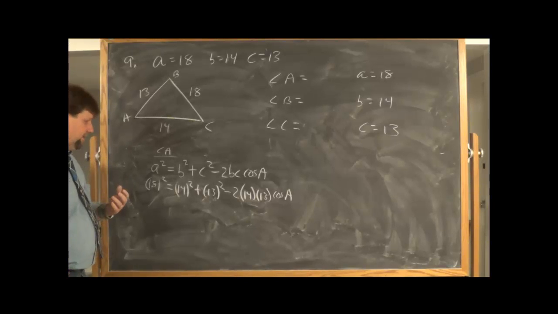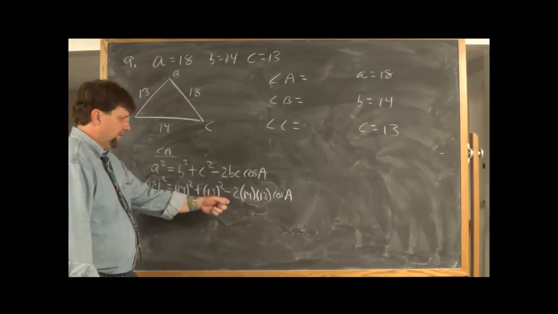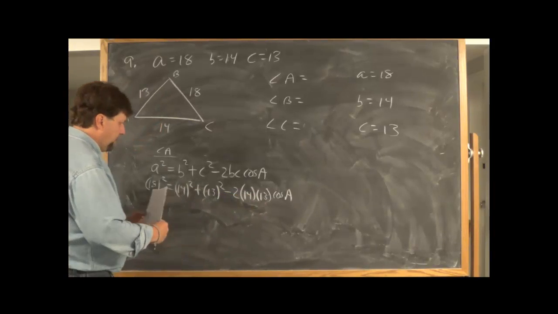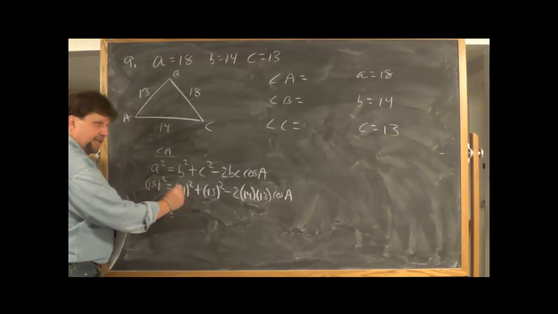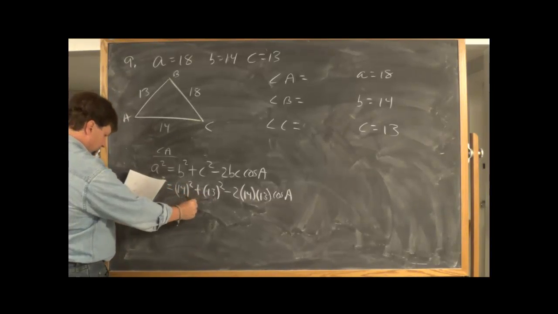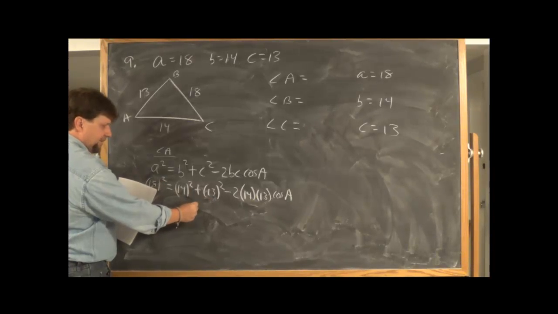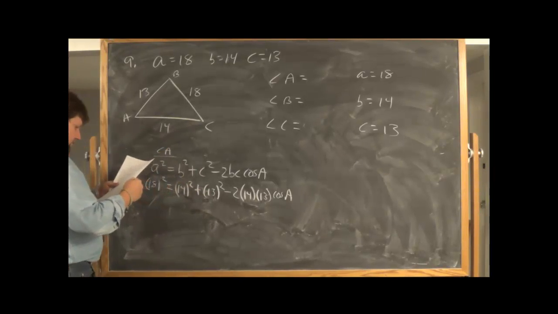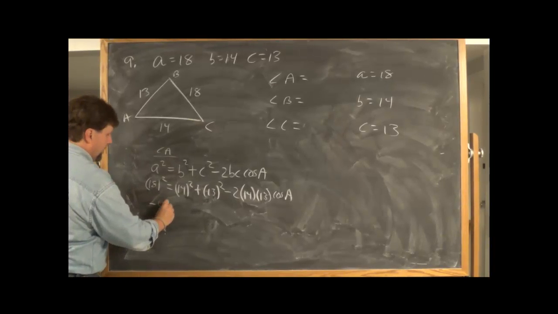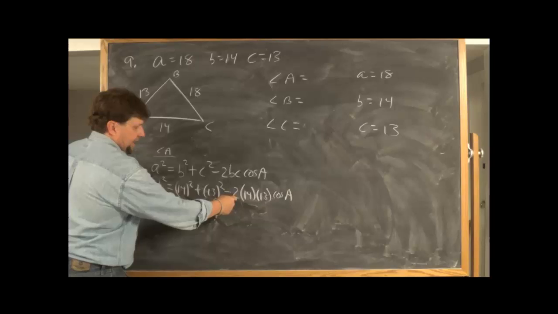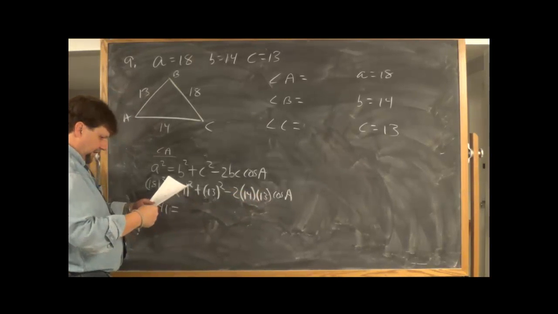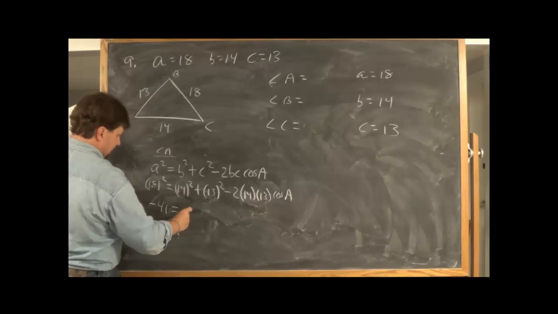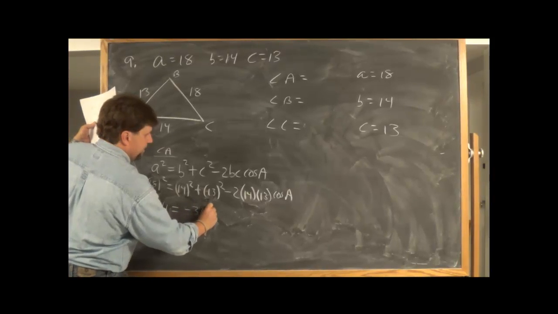I'm going to skip some steps. But I would do 18 squared, 14 squared, 13 squared, and 2 times 14 times 13. I would add these two numbers together, and when I add those two numbers together, I think I get 365. And I would subtract that 365 from both sides of the equation to get negative 41 equals, and then when I multiply this out here, I get negative 364.